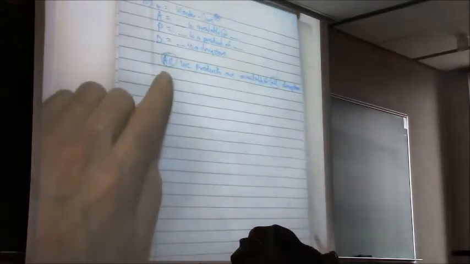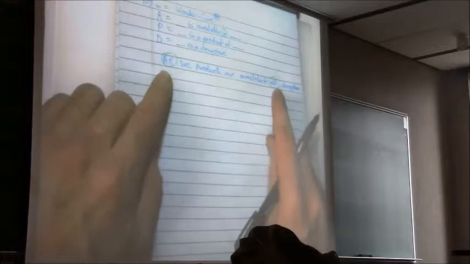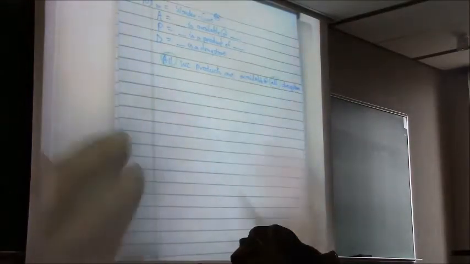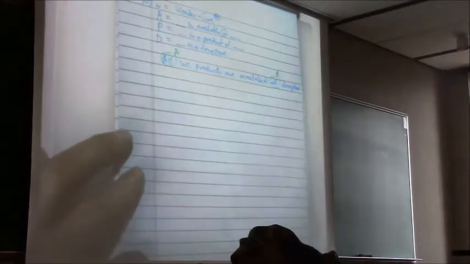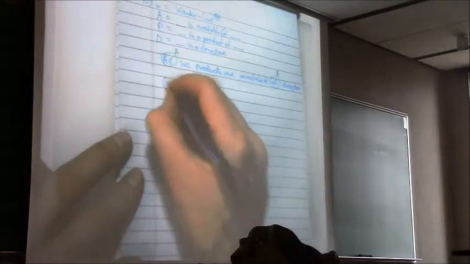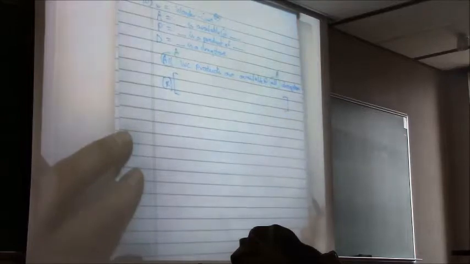Then you assign a type of categorical proposition to each of the words. What type are both of them? A-type. So this is an A-type, and this is an A-type. So, what that means is, the main thing is going to be an A-type. And we know what that looks like.